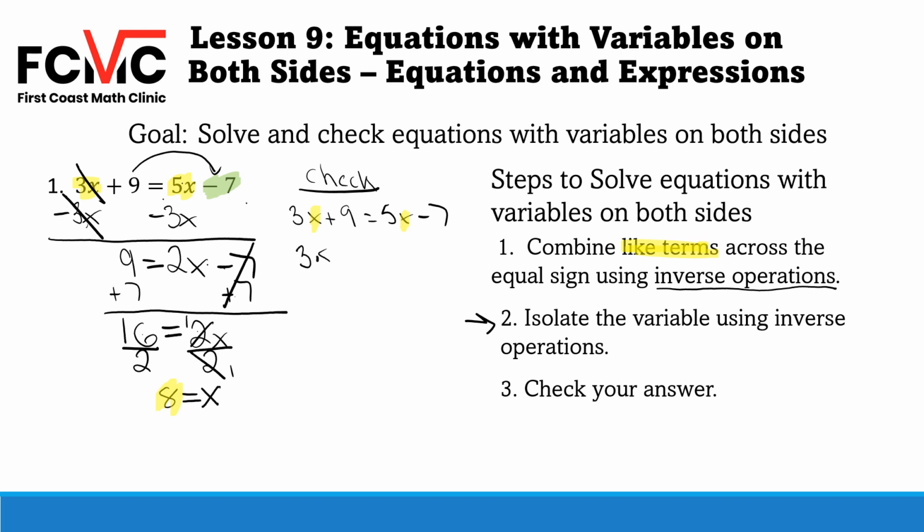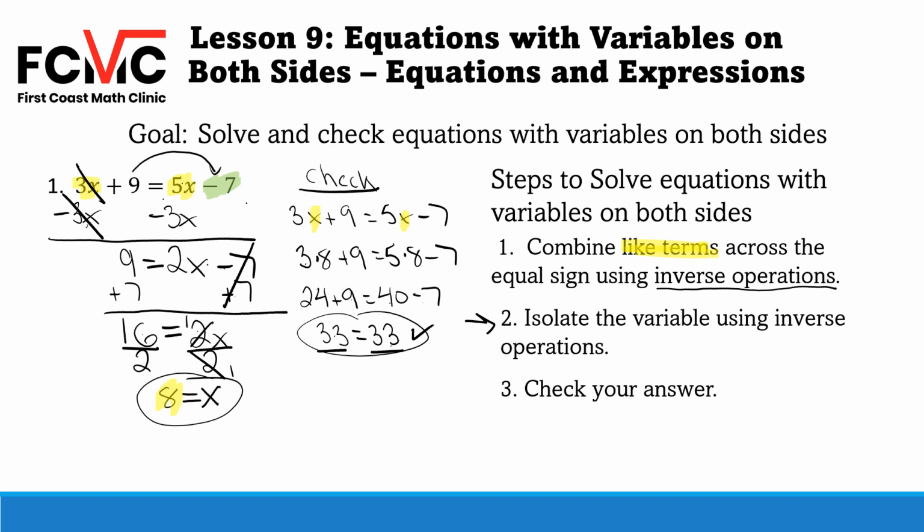So 3 times 8 plus 9 equals 5 times 8 minus 7. 3 times 8 is 24 plus 9. 5 times 8 is 40 minus 7. 24 plus 9 is 33. 40 minus 7 is 33, and we know our answer checks because the left side and the right side of our check are equal. So that's how we check our answer. And once the left side and the right side are equal to each other, we know our answer here, x equals 8, is the correct answer.